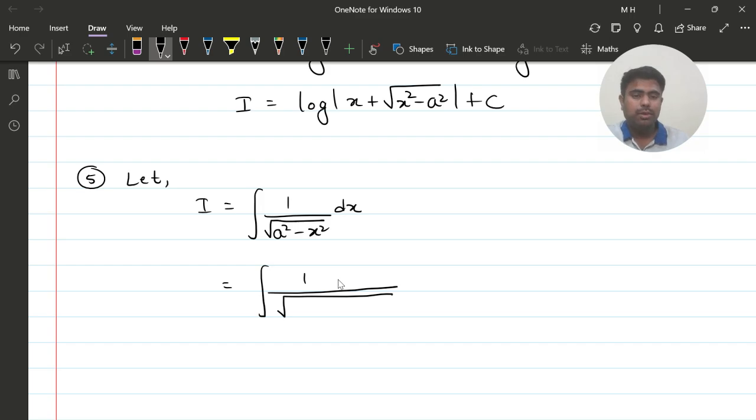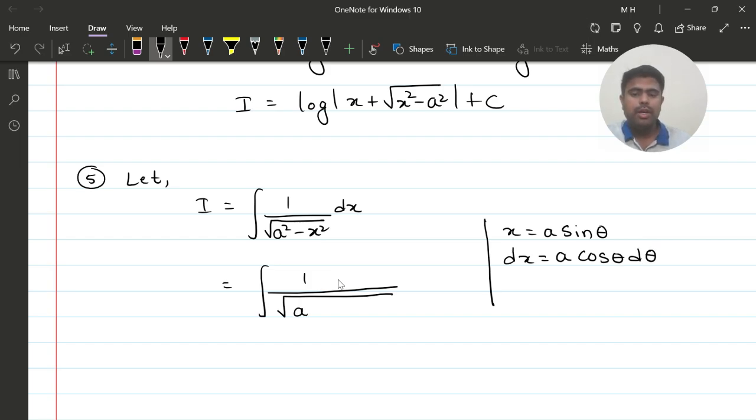So if I substitute x equal to a sin theta, then dx would be, the derivative of a sin theta is a cos theta d theta, right?